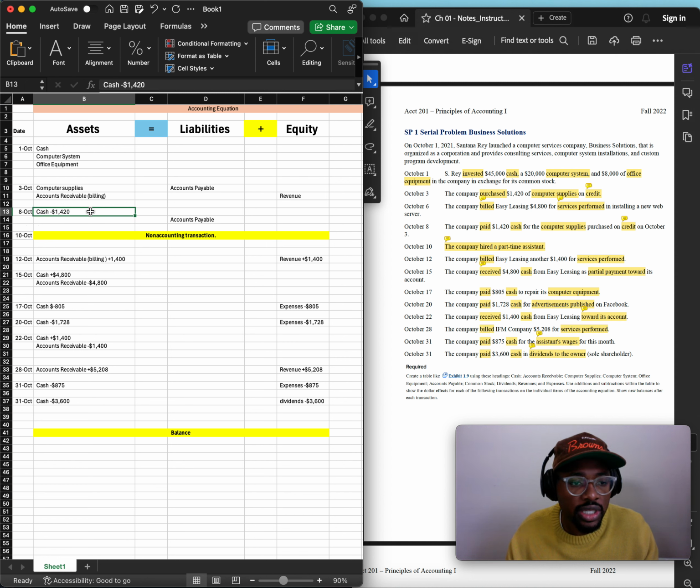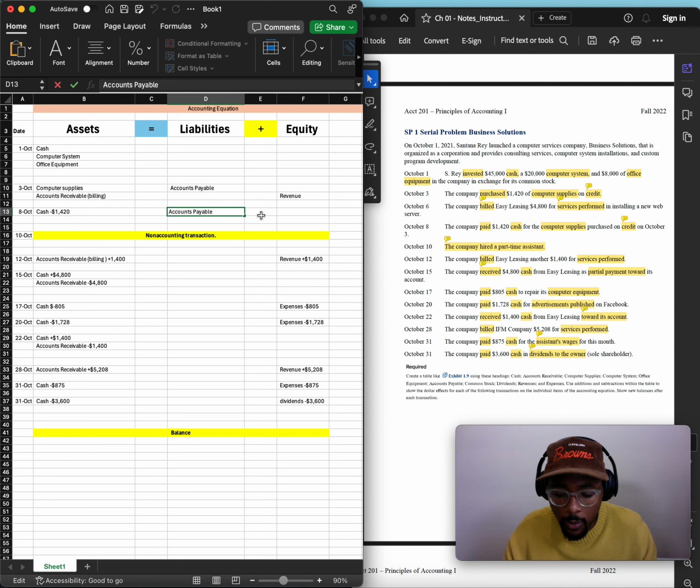All we need to record here is that we paid cash, right? We paid cash for our bill. Okay, so we're going to put 1,420 in here.